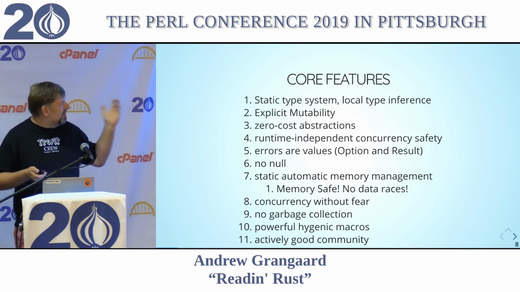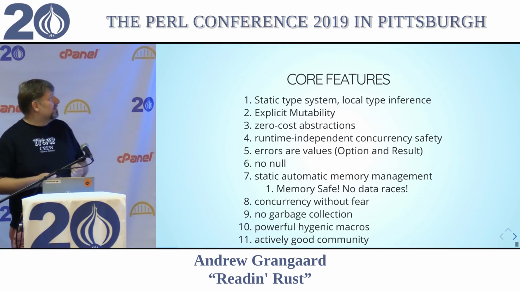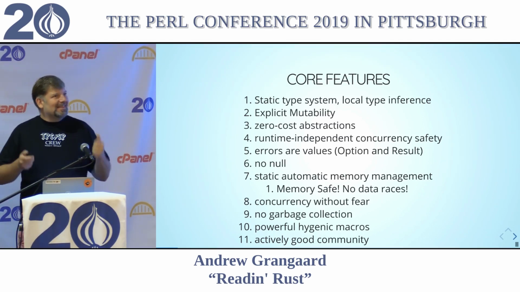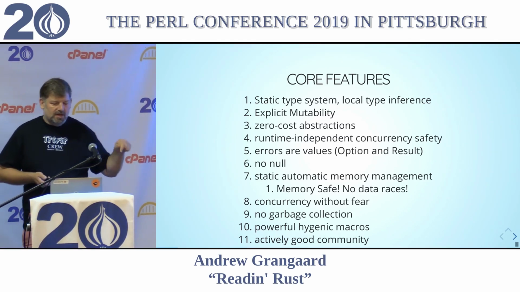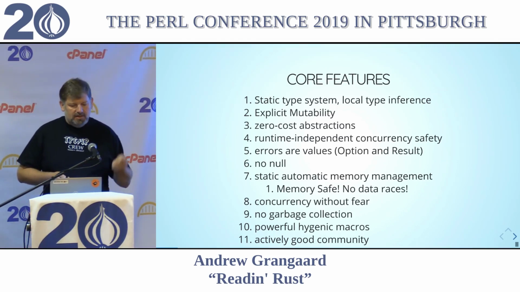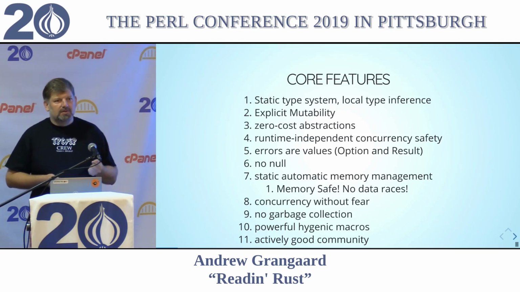So I would say some of the core features of the language experience and or the language itself. One is the one that's kind of scary for us: it is a static type system.